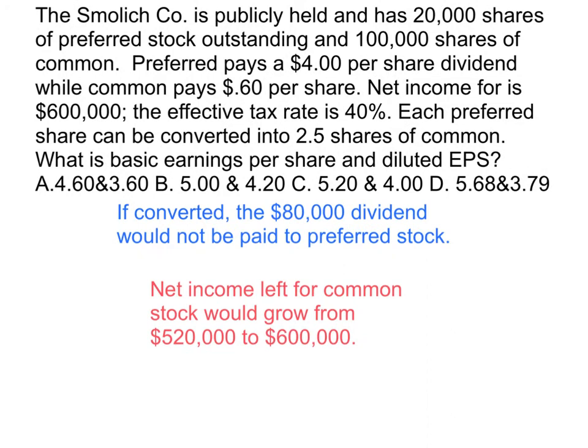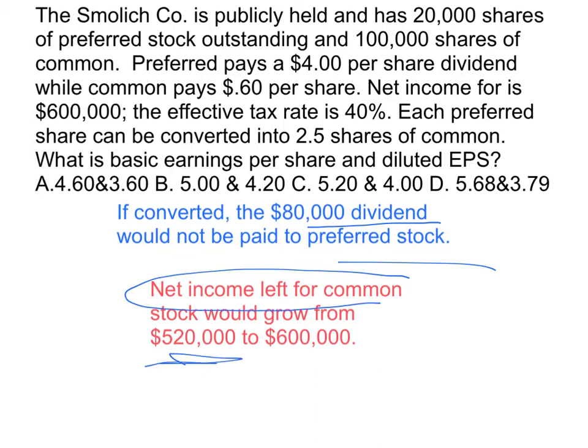What else do you assume if you assume that the preferred stock is converted? We would also assume that the dividend would not be paid. If the stock was converted to common stock, you would not pay the preferred stock dividend. That saves you money. So therefore, the net income for common stock, which we've already computed as $520,000, would go up to $600,000 because you're adding in that $80,000.